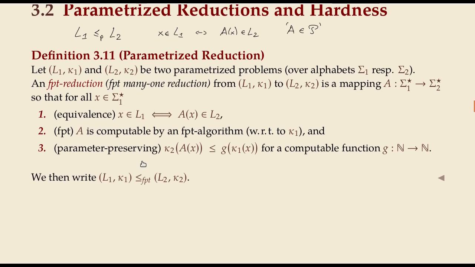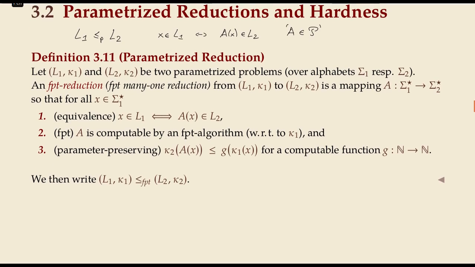Now we need a third one that guarantees us that the parameter of the transformed instance doesn't explode too much or doesn't grow without any bound. Specifically, the parameter of the transformed instance is at most a function of the parameter of the old problem, but does not depend on the length of the old instance.